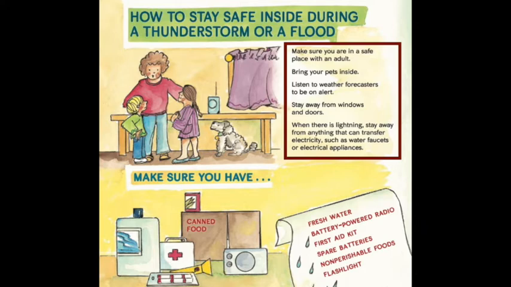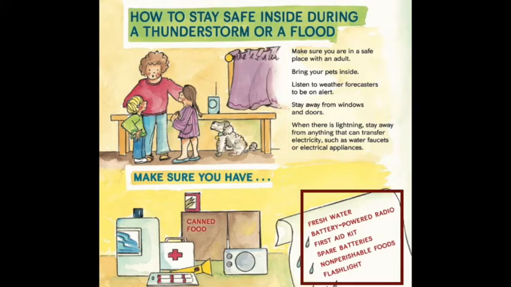When there is lightning, stay away from anything that can transfer electricity, such as water faucets or electrical appliances. Make sure you have fresh water, a battery-powered radio, a first aid kit, spare batteries, non-perishable foods, and a flashlight.